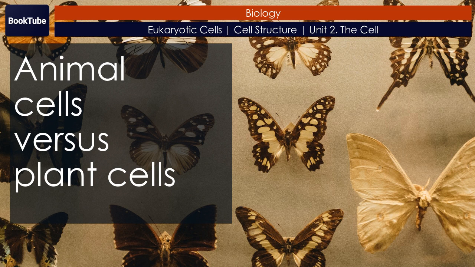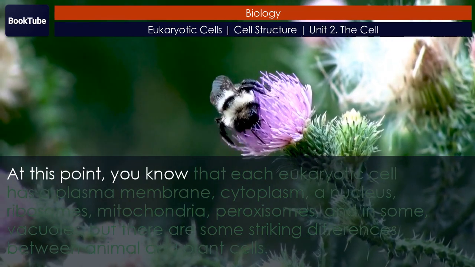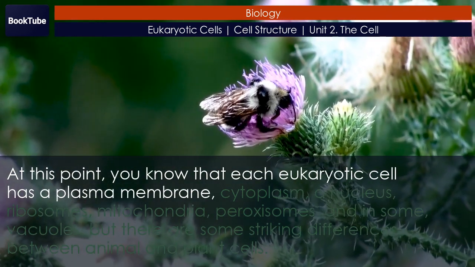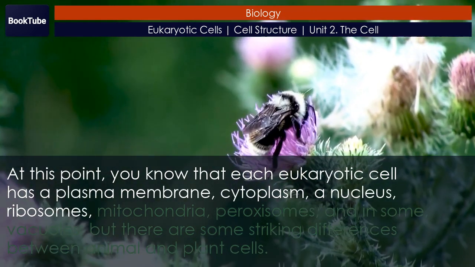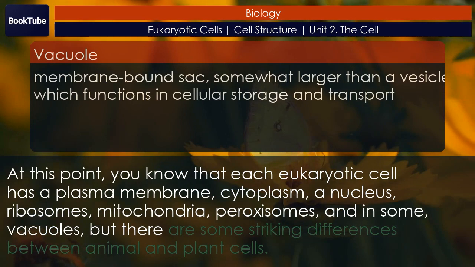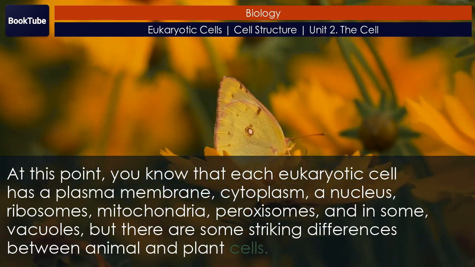Animal cells versus plant cells. At this point, you know that each eukaryotic cell has a plasma membrane, cytoplasm, a nucleus, ribosomes, mitochondria, peroxisomes, and in some, vacuoles. But there are some striking differences between animal and plant cells.